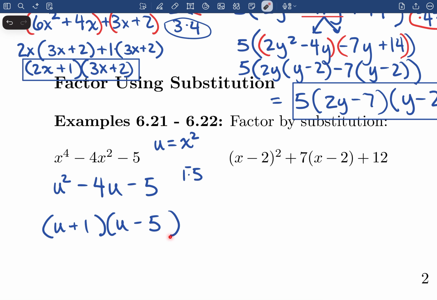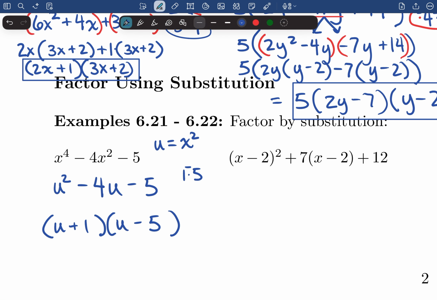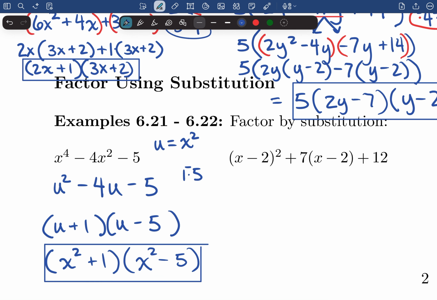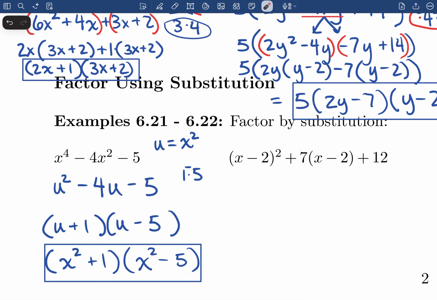At this point, I'm simply going to go back and say, well, what was my substitution? What did u represent? It represented x squared. And so these u's that I have, I'm going to turn them back into x squareds. And I write the final answer as x squared plus 1 times x squared minus 5. So this is a process called substitution, in which we see something that looks like it's set up like a quadratic, but it's not quite.